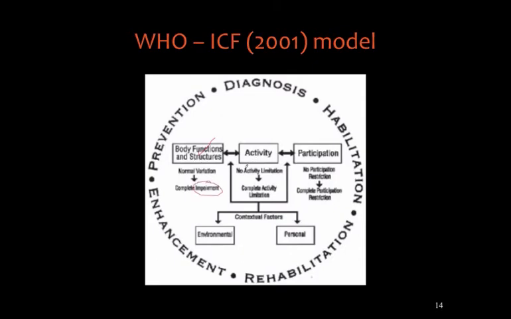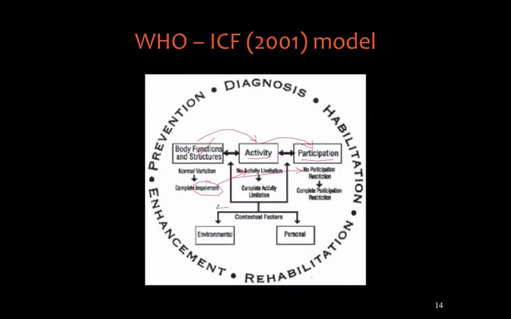Now, other related aspects of the ICF model incorporate activity and participation. So someone who has completely healthy body structures and function would then have the capacity to complete all activities that are relevant, and then would be able to fully participate in society. And so what we'll see, as a negative aspect, is that when someone has impairment, they're going to have some limitation in activities, and they're going to have some limitations and restrictions in the kinds of participation in life things that they can do.